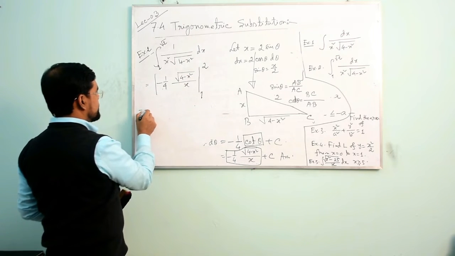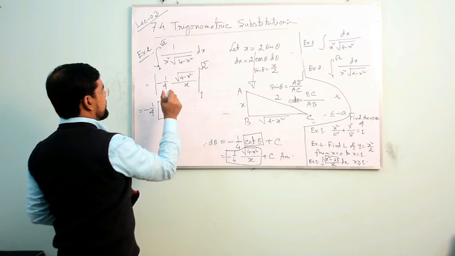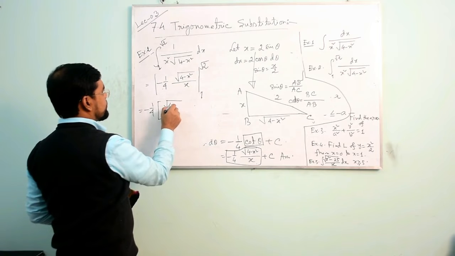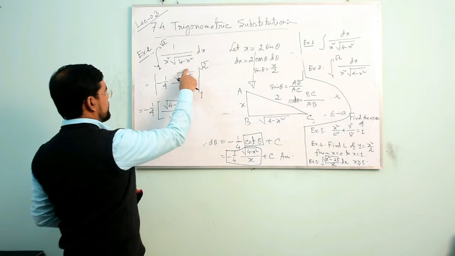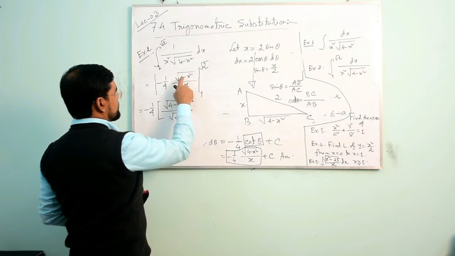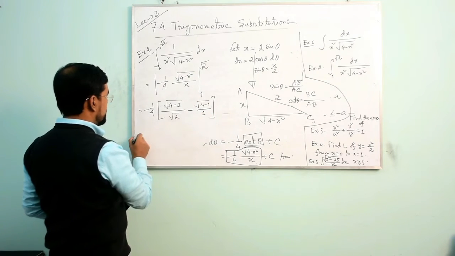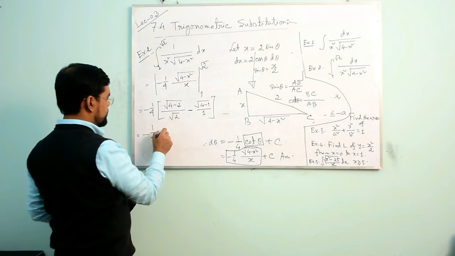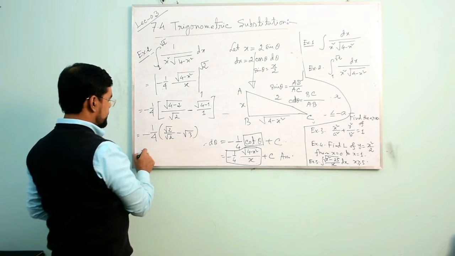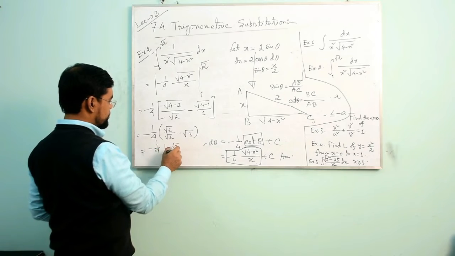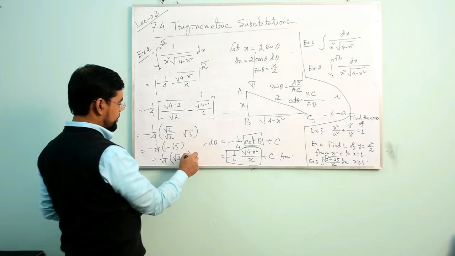First replace the upper limit for x, so it will be root of 4 minus 2 divided by root 2, minus the lower limit, which is 1, so root of 4 minus 1 divided by 1. This equals minus 1 by 4 times root 2 divided by root 2 minus root 3, which equals minus 1 by 4 times 1 minus root 3, which equals 1 by 4 times root 3 minus 1, and this is the answer.